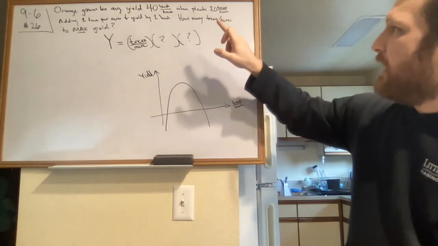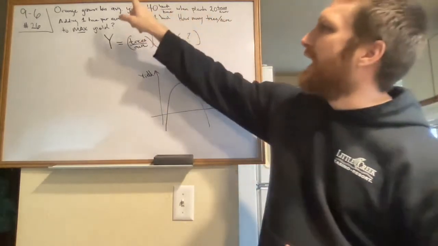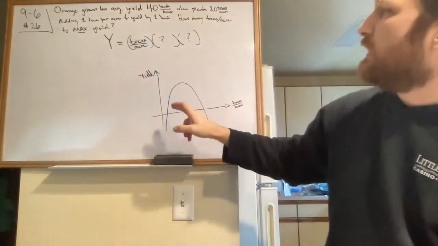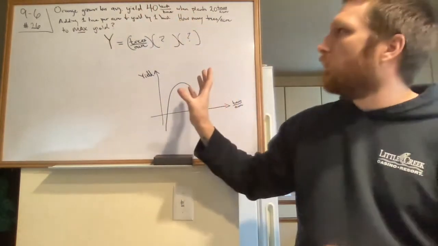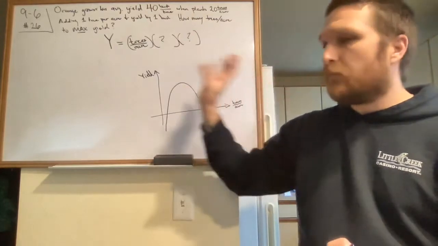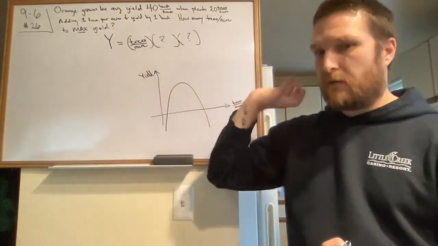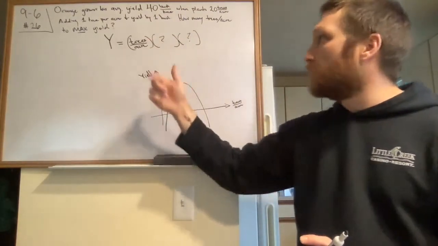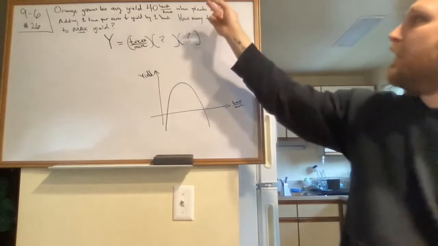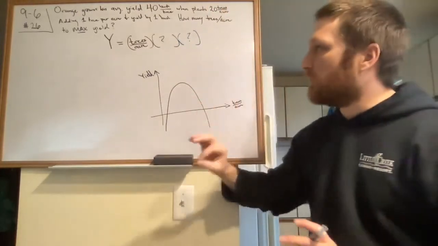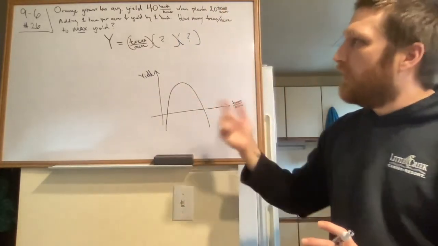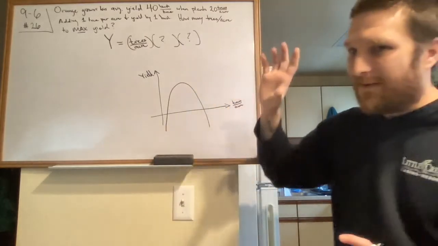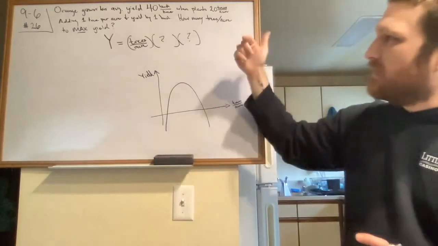It says that we have an average yield of 40 bushels per tree. By yield, what we want is bushels, as many bushels as possible. And it says we have 40 bushels per tree when we have 20 trees per acre. And then for every one tree that we add per acre, it decreases by 1.